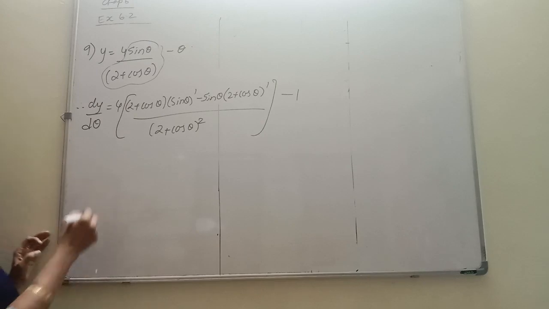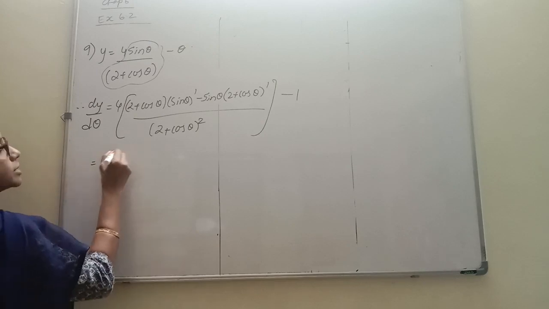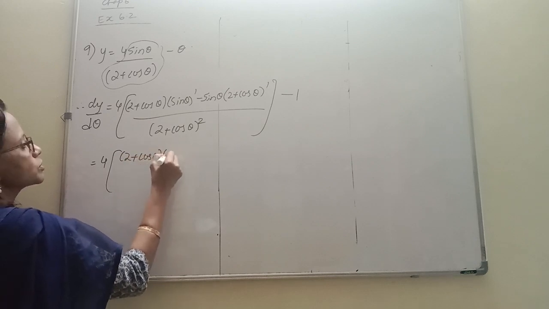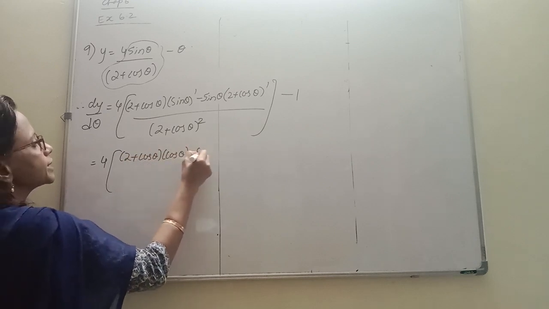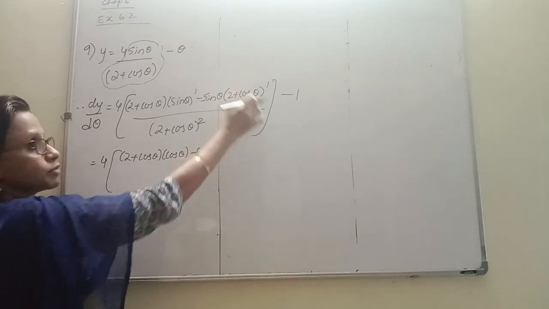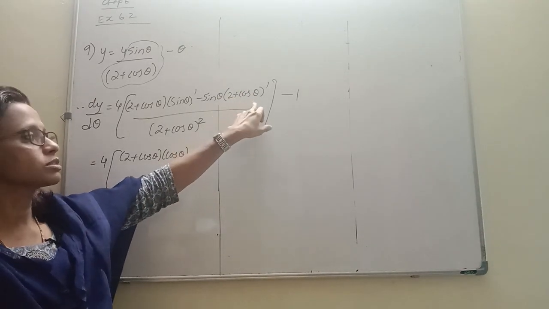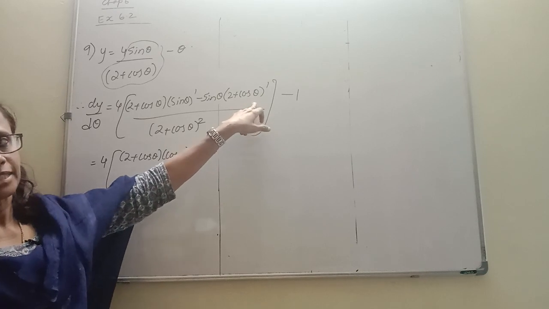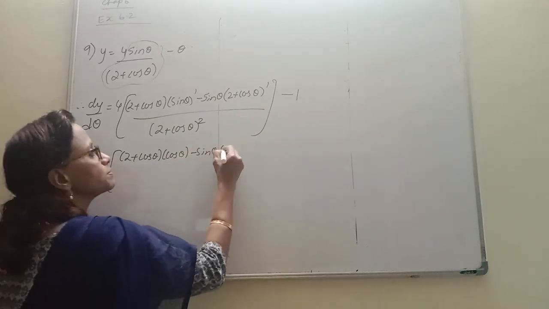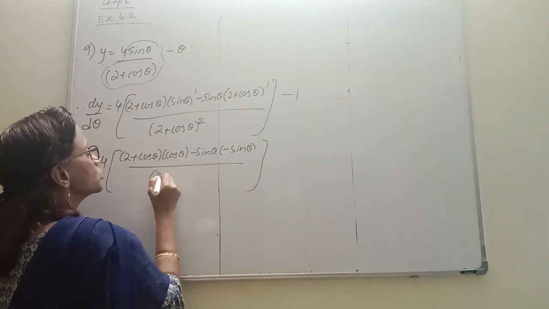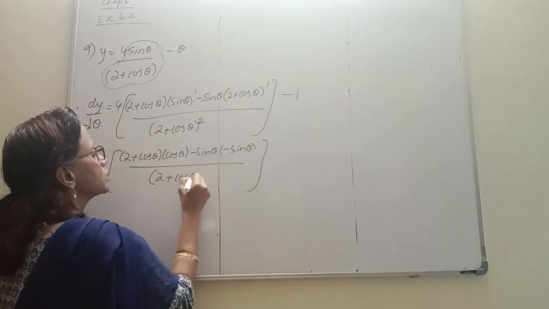Now we move across and we'll try to get these derivatives. 2 plus cos theta, derivative of sine theta we all know is cos theta. So also sine theta as it is, we are finding the derivative of 2 plus cos theta. 2 is a constant, doesn't have a derivative, and cos theta has got the derivative minus sine theta. So like that, this becomes minus sine theta. Let's expand this. 2 plus cos theta the whole squared.